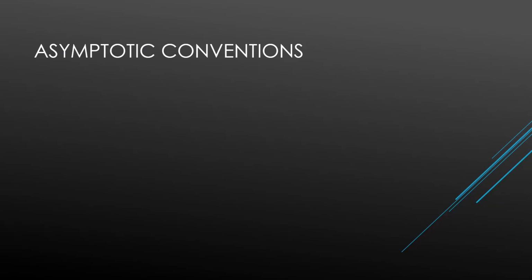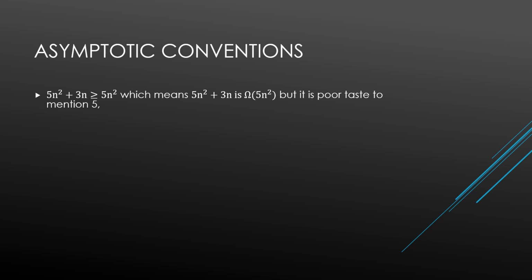Asymptotic conventions. 5n squared plus 3n is greater than or equal to 5n squared, which means 5n squared plus 3n is omega of 5n squared. But it is poor taste to mention 5.